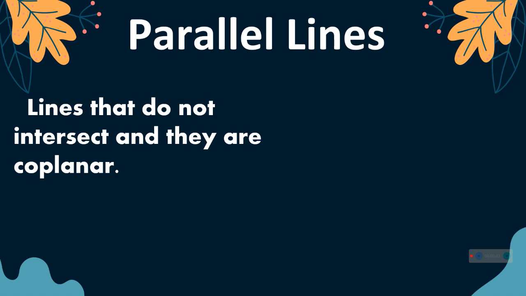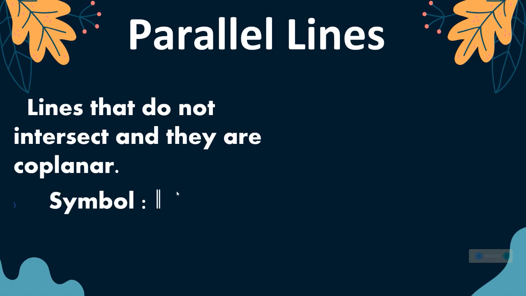Why are they coplanar? As you have seen in your notebook, the page of the notebook that you have drawn on is an example of a plane wherein you have drawn two parallel lines. So those two lines are in one plane, and they do not intersect.